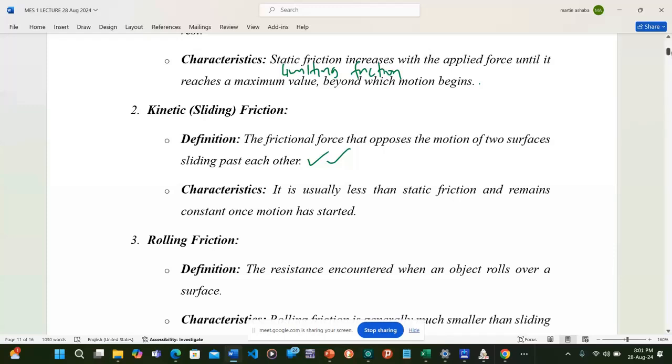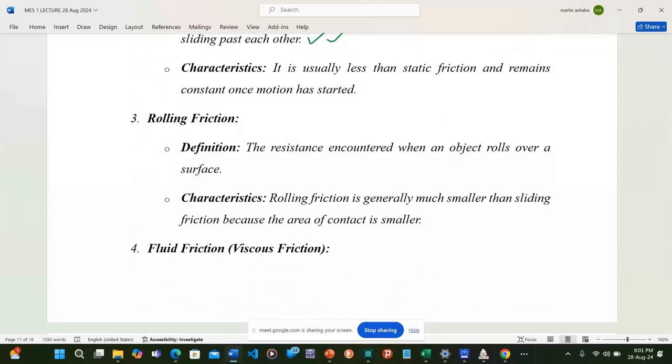Then we have what we call rolling friction. Rolling friction is the resistance encountered when an object rolls over a surface. So if I have an object and my surface, and this object is rolling over, moving in this direction, the force that opposes this motion is going to be called rolling friction.